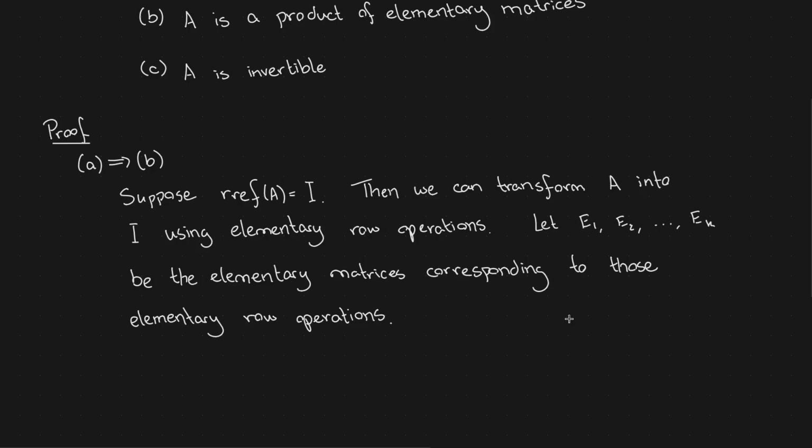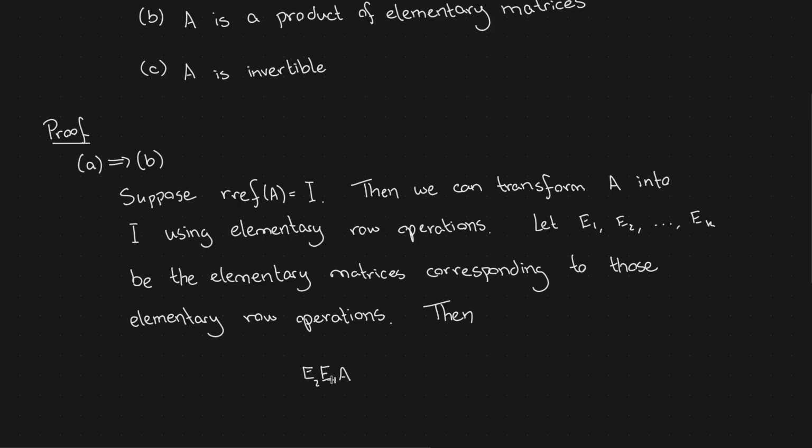Okay? Then, if I take the first matrix E1 and multiply by A, that's the equivalent of applying the first elementary row operation, right? And then after I apply the first elementary row operation, I apply the second elementary row operation.